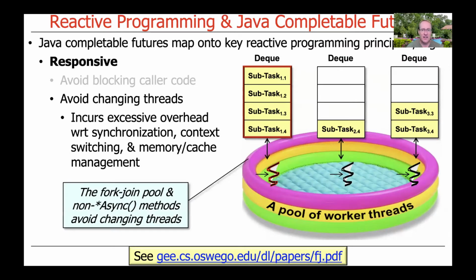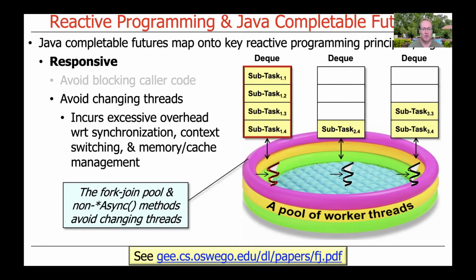The way you get control over whether or not you change lanes or change threads in the Completable Futures framework is by using various methods defined on the Completable Futures API. There's a bunch of methods, especially for completion stages, that have the word async after them, and they can change threads. And then there are always equivalent methods that don't have the word async after them, and they don't change threads.